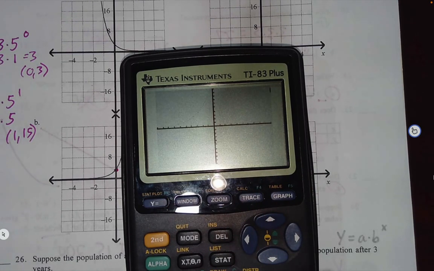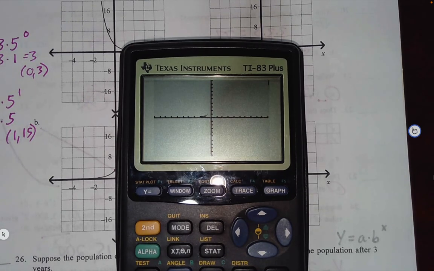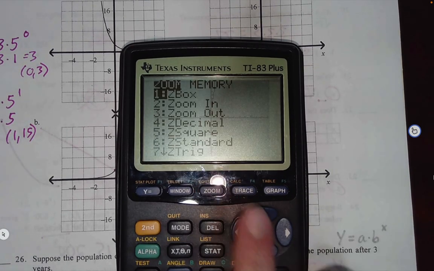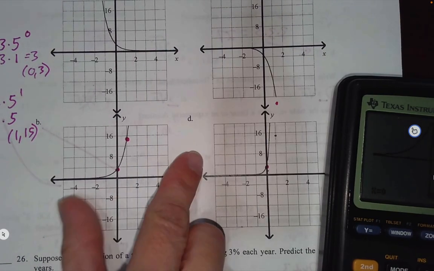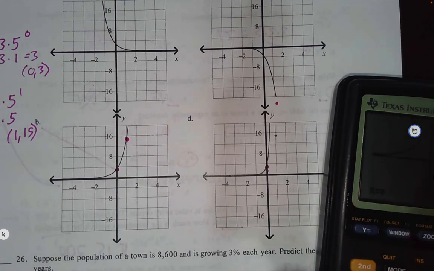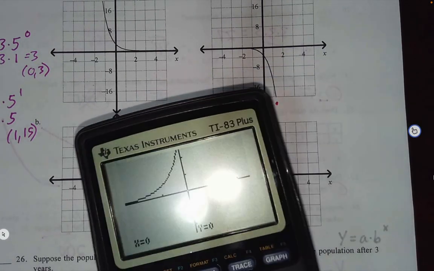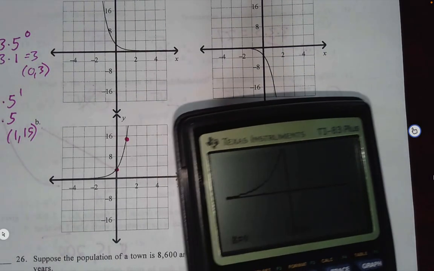Let me zoom 6. Zoom 6 is standard. But I can press zoom in, and then press enter. And it kind of shows me a little bit better maybe some other areas of my graph. Like it makes it smaller. Because this is zoomed in a little bit. I'll teach you way more about this later, but I just try to do a little bit at a time. Like you can change your whole window. That's a little bit too much for today.